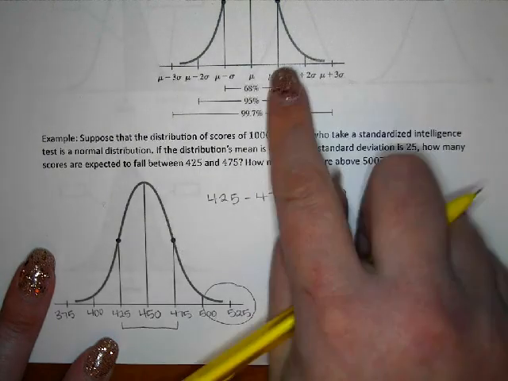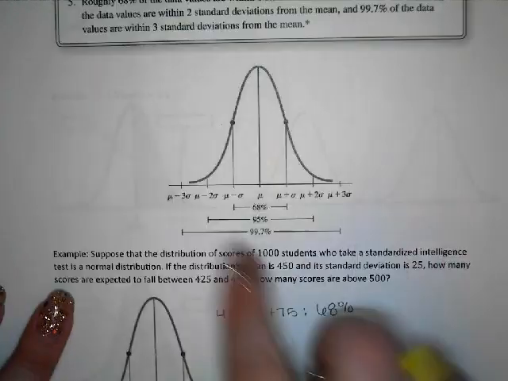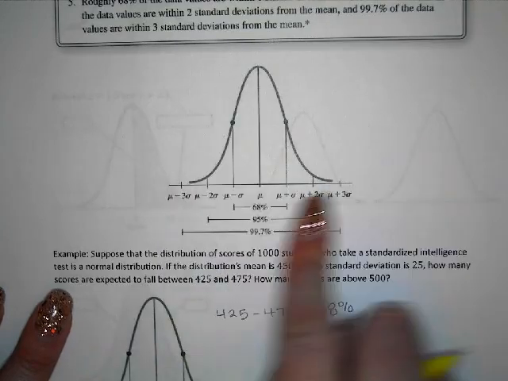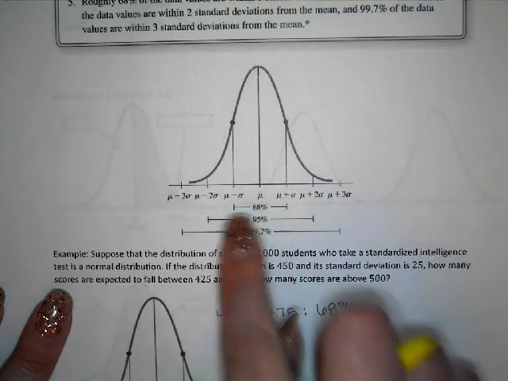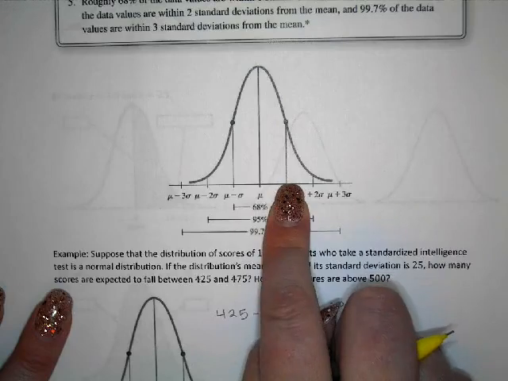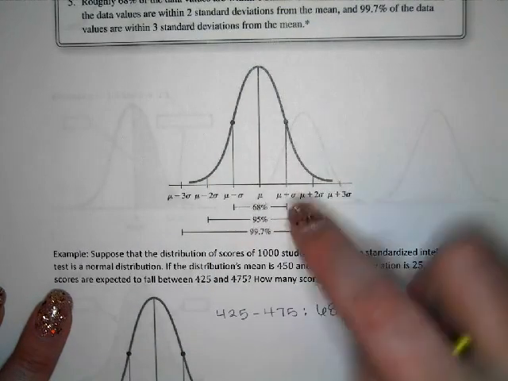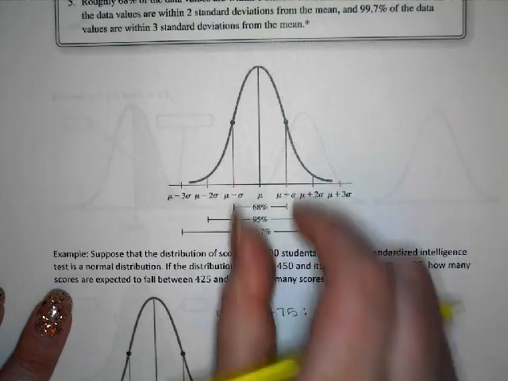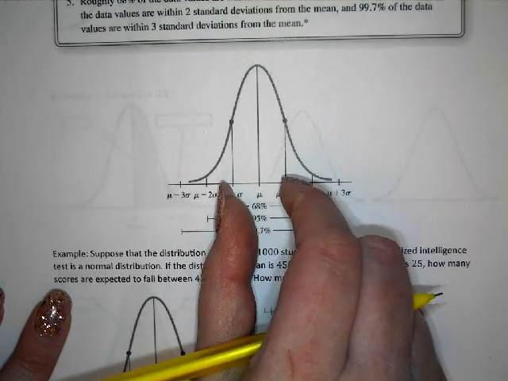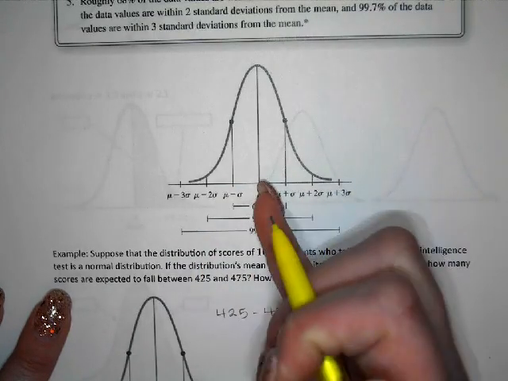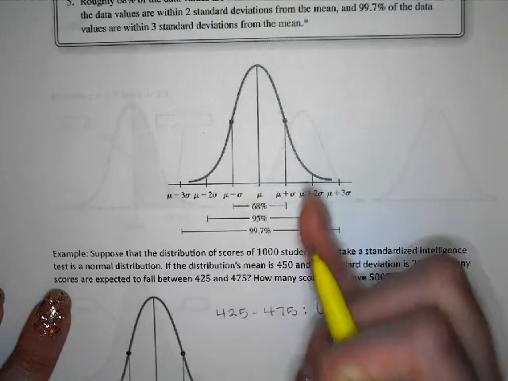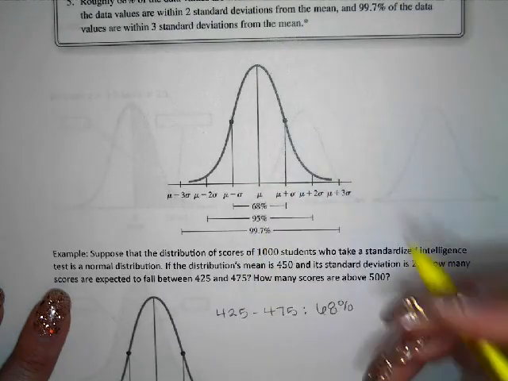So I'm going to go back up here and do the math on this normal distribution. This will be kind of like a formula sheet that you can use when you look at other problems. If 1 standard deviation below the mean and 1 standard deviation above the mean is 68%, that means that half of that 68% is below and half is above.